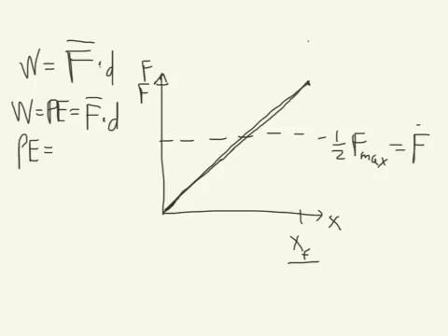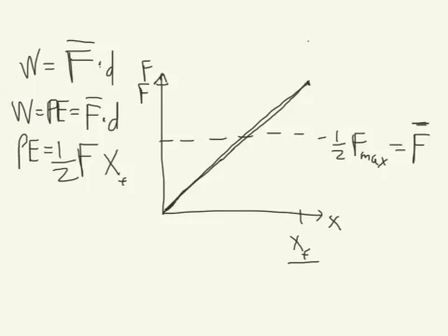And that bar above here means average. So we can go ahead and put in for our average force half of the F max, and the distance overall that it was compressed was the XF.